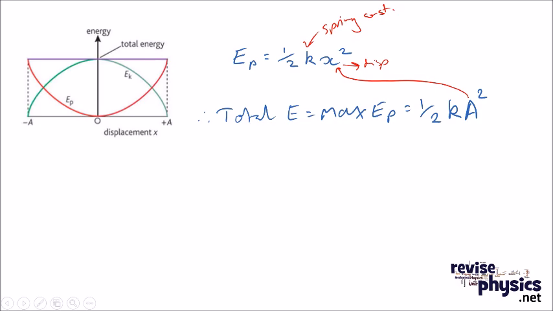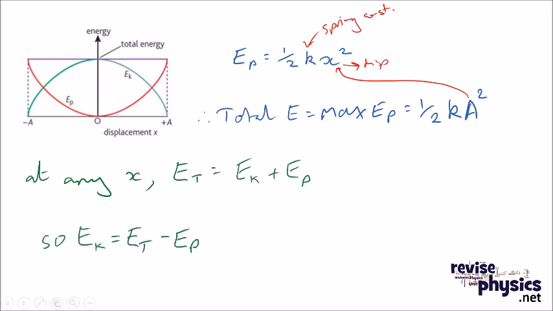But we also know that the total energy in the system is equal, for any particular displacement, not just at the amplitude, to the sum of the kinetic and potential energies. So we can rearrange that equation to get a form for the kinetic energy at any displacement x. It's just going to be the total energy minus the potential energy.